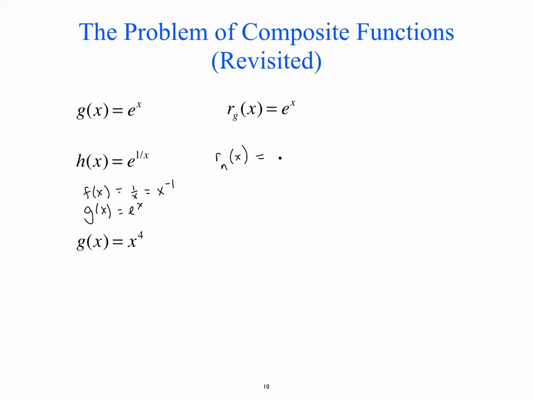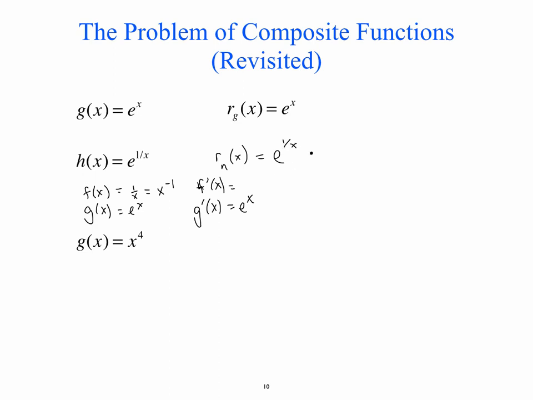the rate of change of g with respect to f. So the rate of change of g is what? e to the x. So if I do the rate of change of g with respect to f, then I get e to the 1 over x.